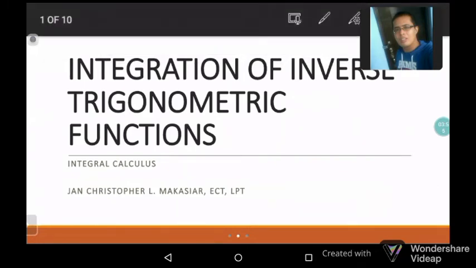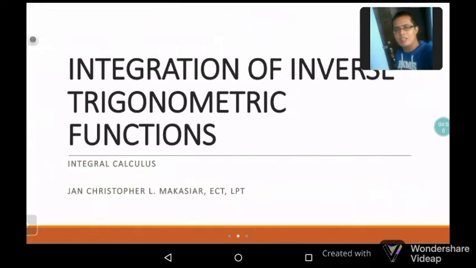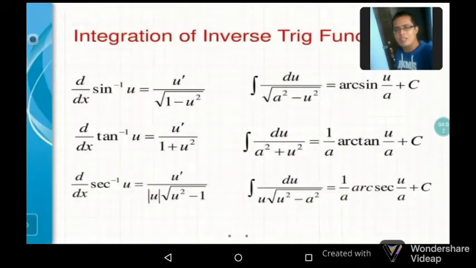So we're still with integral calculus, no? So here are some integration of inverse trigonometric functions.